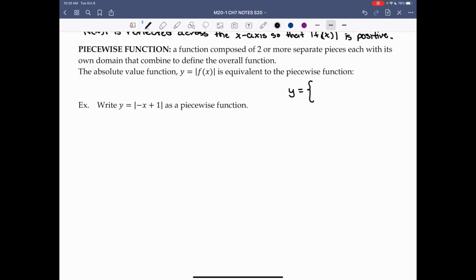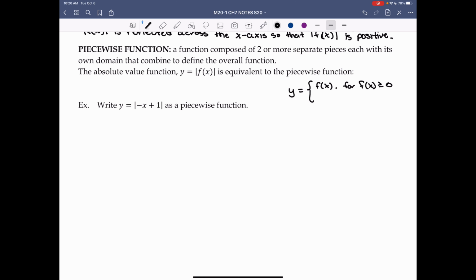We said that when f of x is positive, then our absolute value function is just f of x. So the piecewise function would be f of x for f of x greater than or equal to 0. And then when f of x is negative, the absolute value function is the reflection of that across the x-axis.